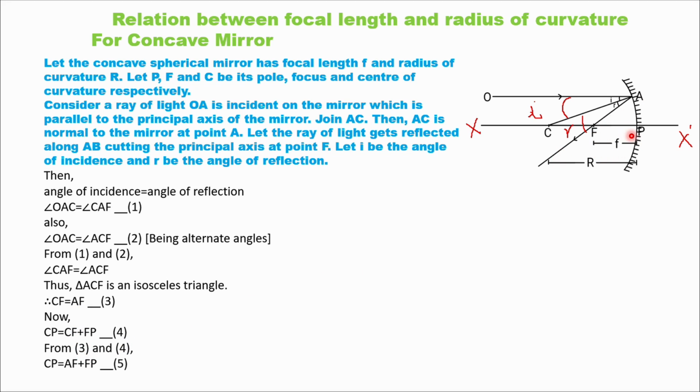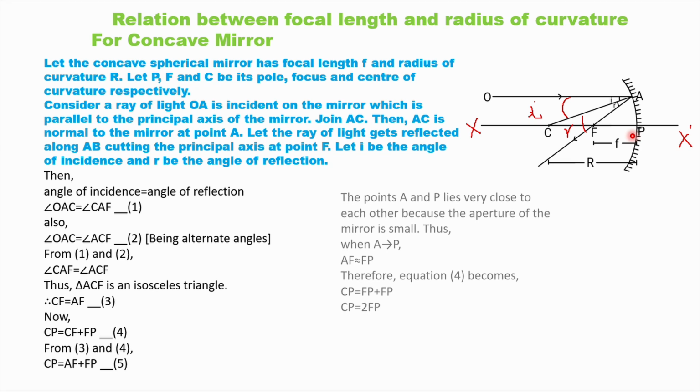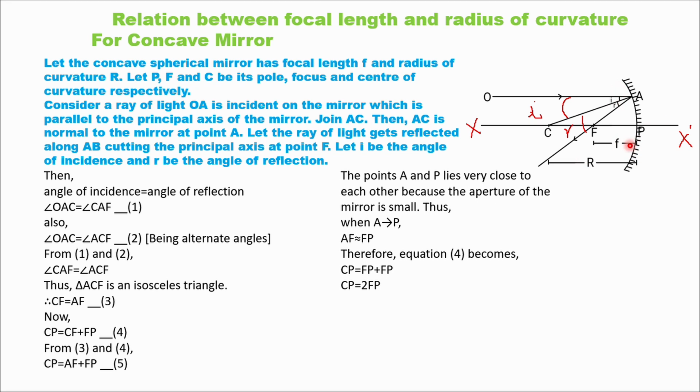So AF plus FP. Now on the mirror, point A lies very close to the pole P. So in such a case, assume that A is very near to P. That means that AF is approximately equal to FP. Therefore, in this equation, CP, that is R, becomes twice FP.